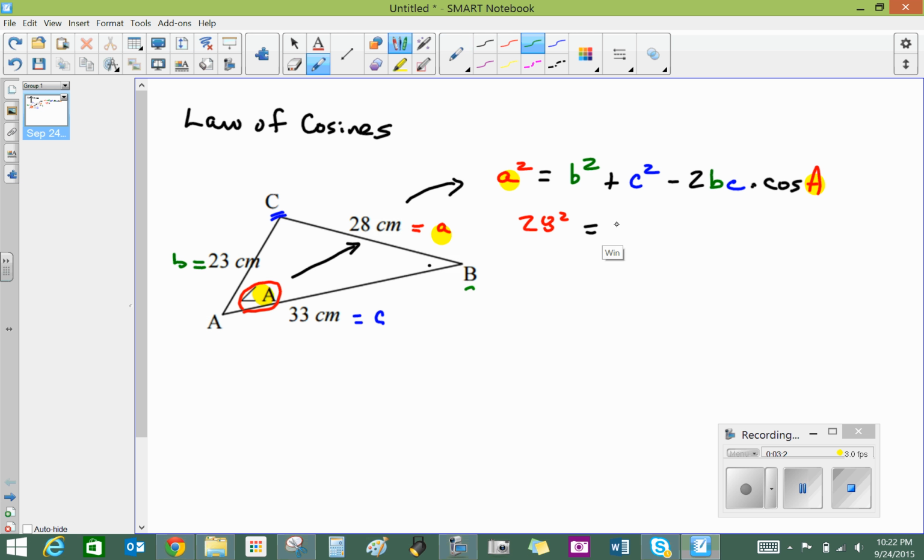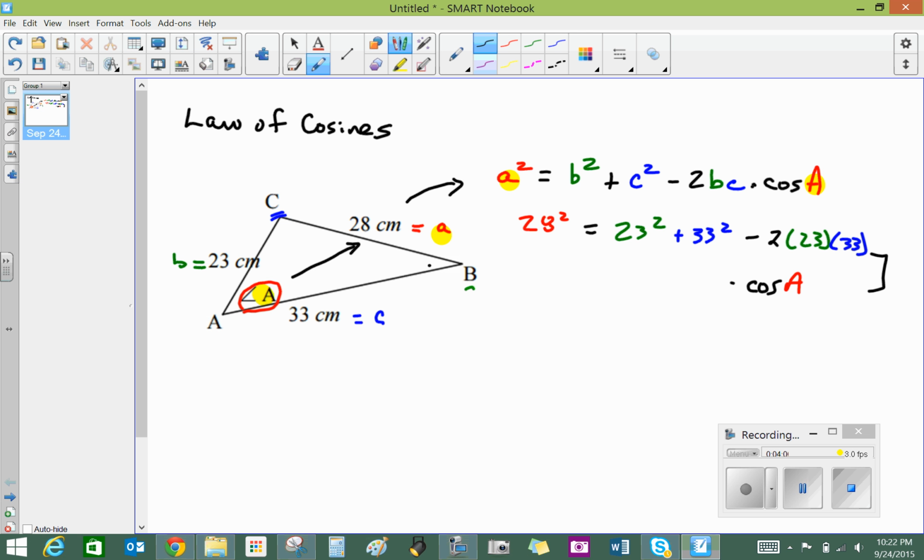B is 23, C is 33, and minus 2 times the length of B, 23, multiplied by the length of C, 33. Running out of room, I'm just going to drop down the line, and that's multiplied by, this little dot notation means multiply, the cosine of angle A, which is unknown.